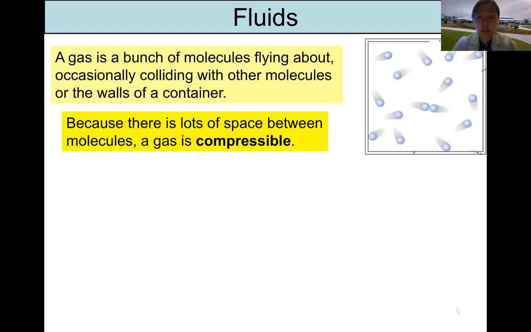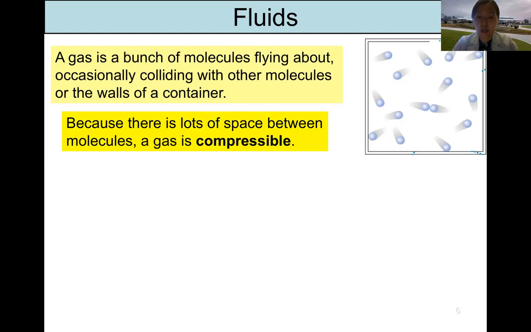For air, we have a bunch of molecules flying about, occasionally colliding with other molecules and with the walls of a container. Why are they fluids? Because they are not rigid; there is a lot of space between these molecules.